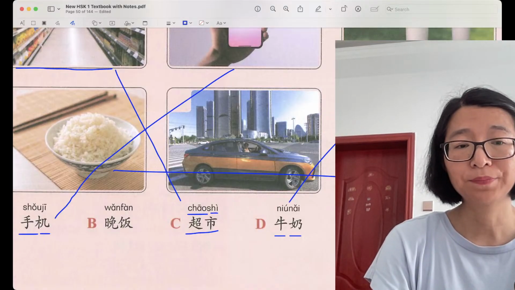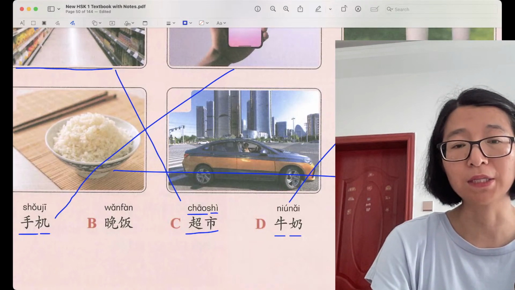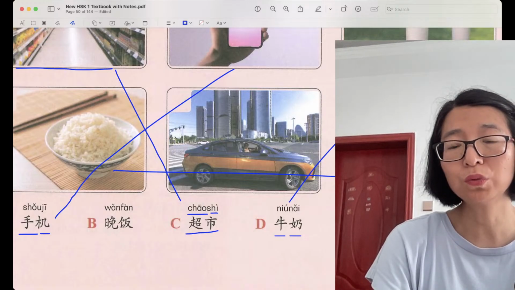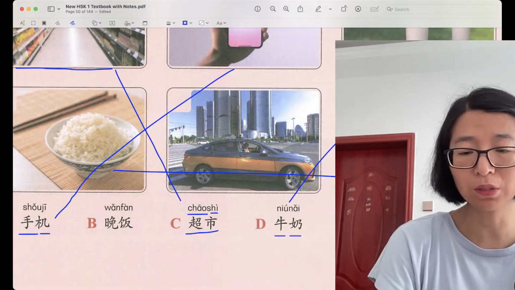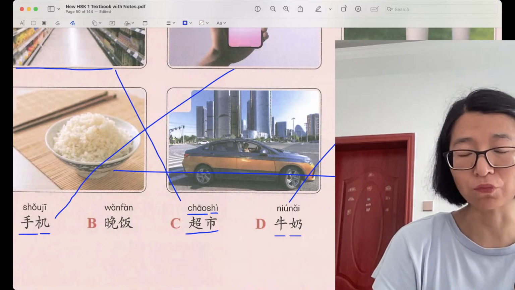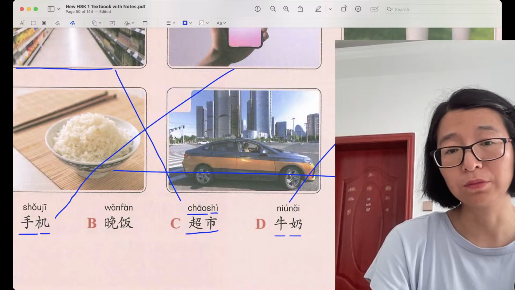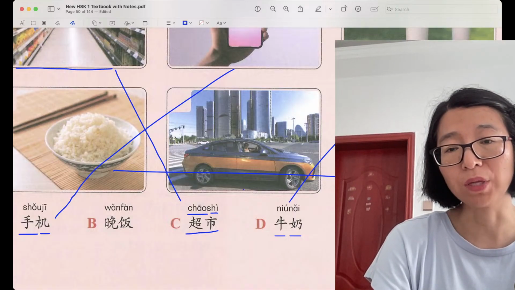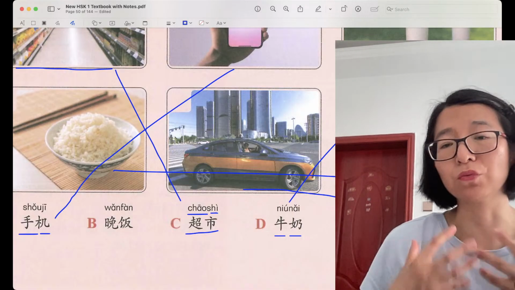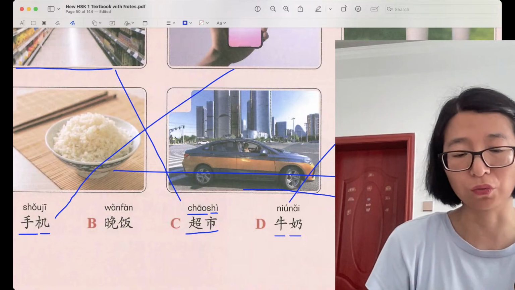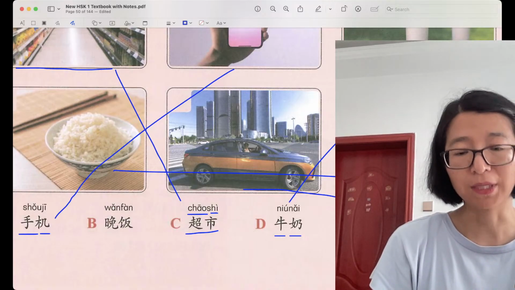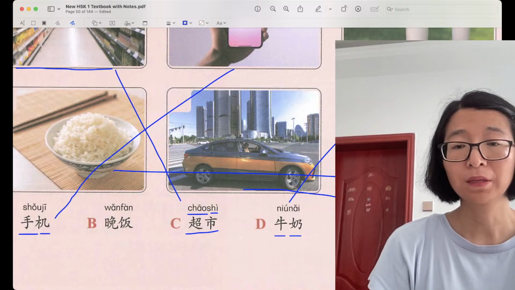Fifth picture, taxi. In Chinese that is 出租车. 出租 means rent and 车 means car, vehicle. So 出租车, rent car, but it just means you rent for a very short time. Taxi.